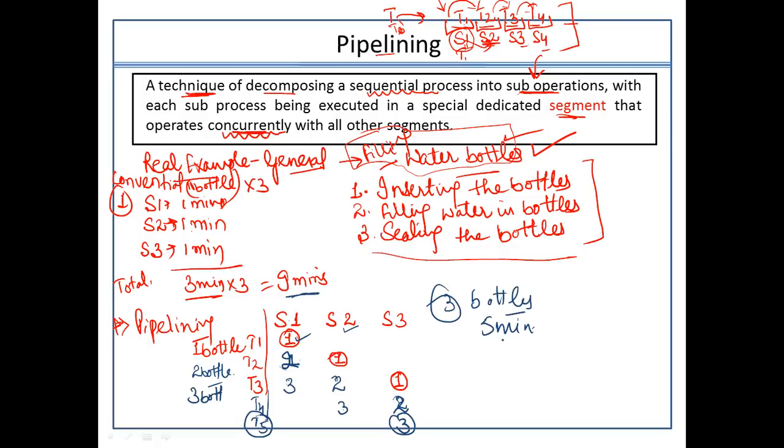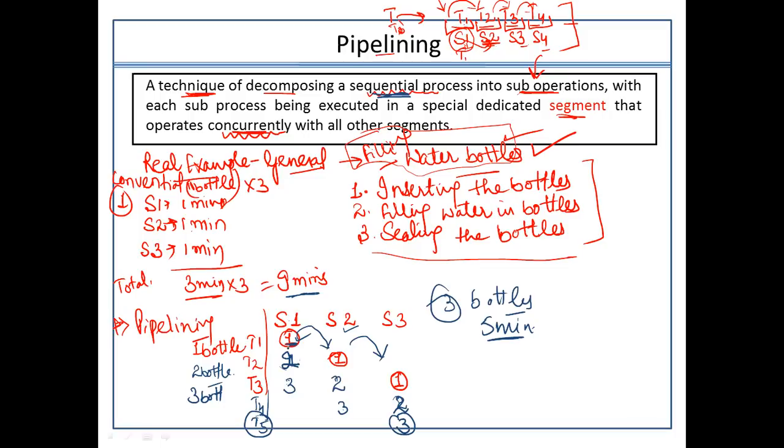So you can see, basically the process is, we are decomposing the task, and we are doing it in a sequential manner only. Once the first job is done, only then will it proceed to segment number 2, and only then will it proceed to segment number 3. Okay, but how are we doing it? In a concurrent manner.